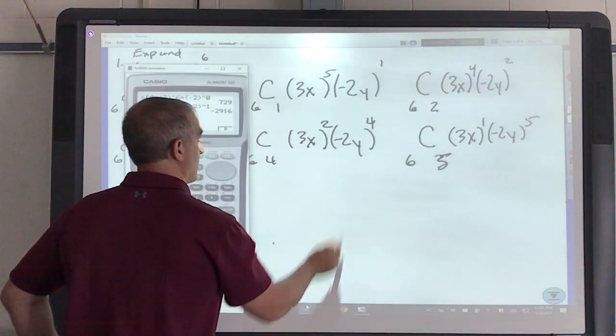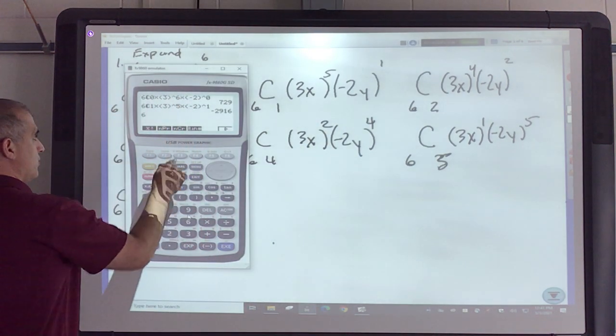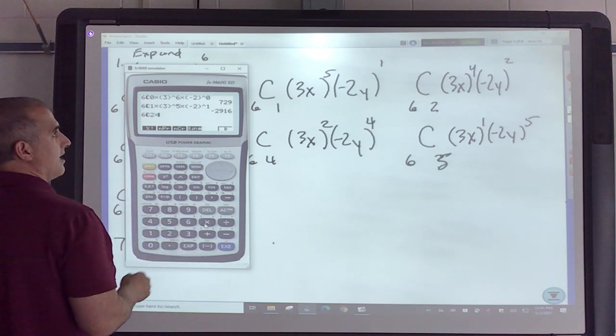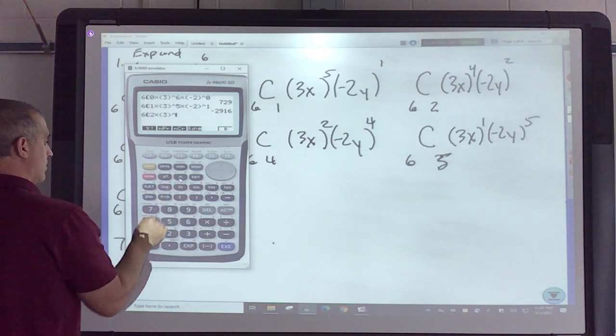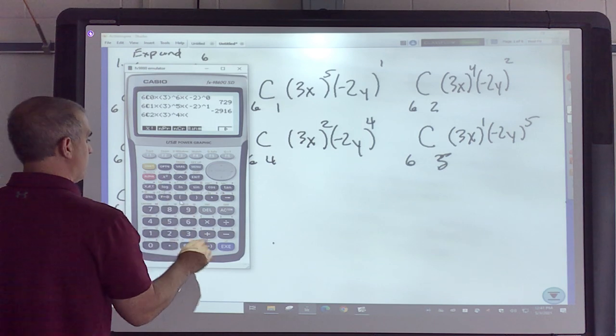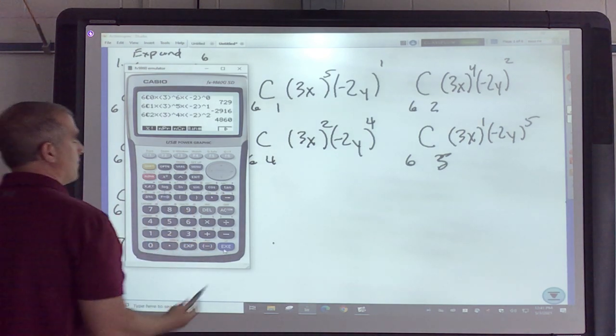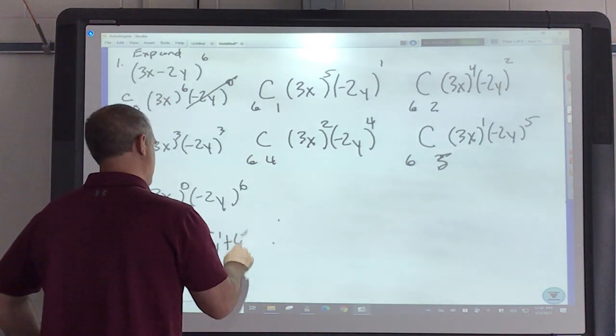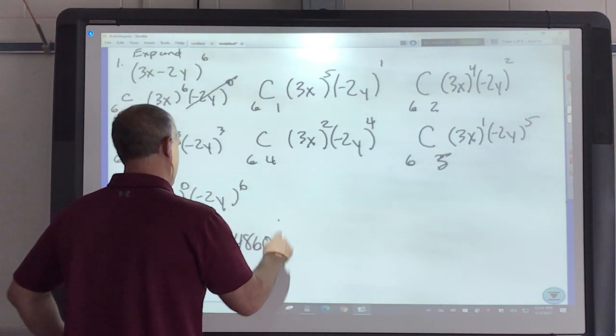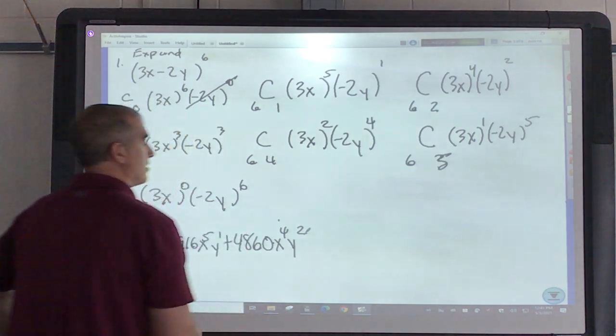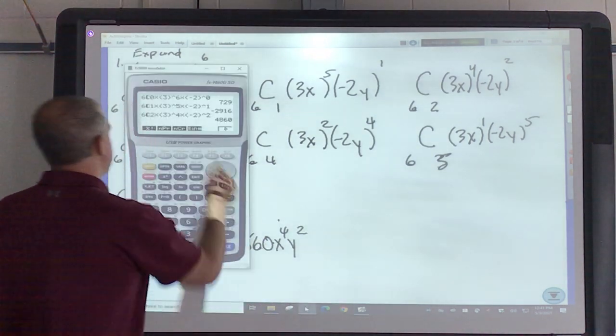Okay, and I'm on to this one. 6 choose 2 times 3 to the 4th times negative 2 squared. I got 4860 x^4 y^2. Now I'm down to this one.